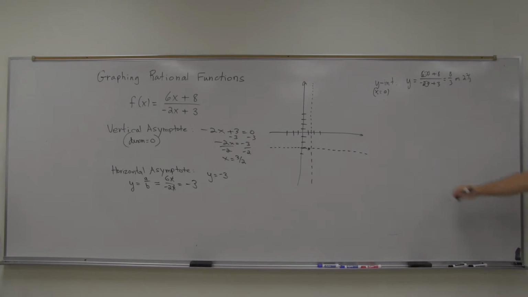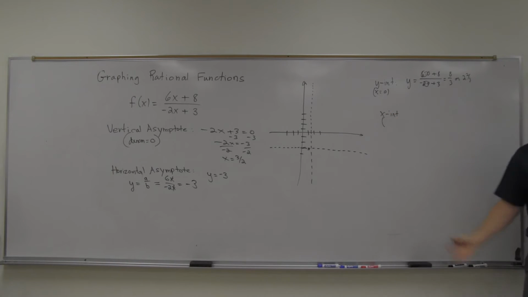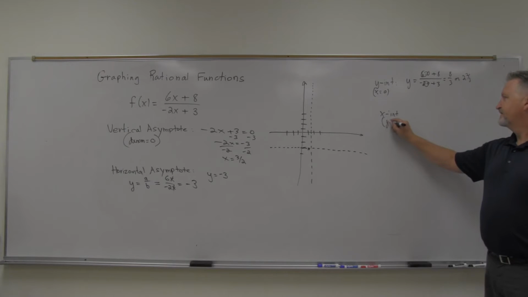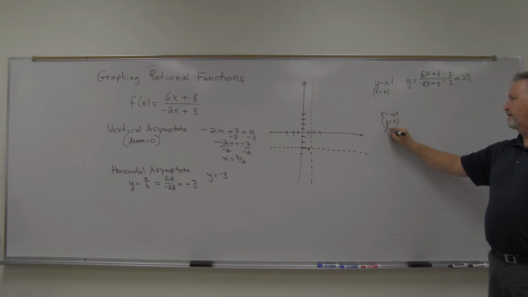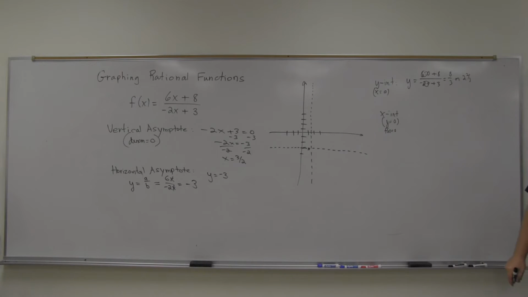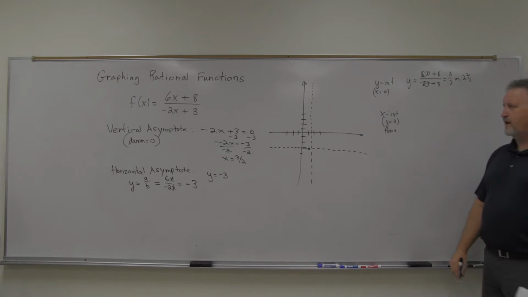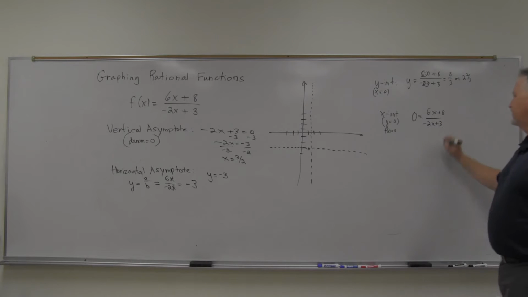All right. And then the x-intercept, it's the same as always. How do we find the x-intercept? Set y to 0. Which in this case, instead of y, we've got f of x. F of x is 0, that's the thing that stands for the y here. So it'd be 0 equals 6x plus 8 over negative 2x plus 3.